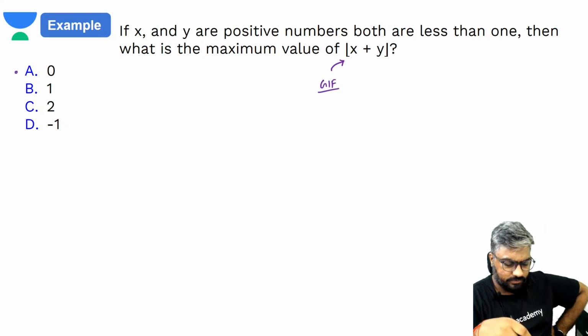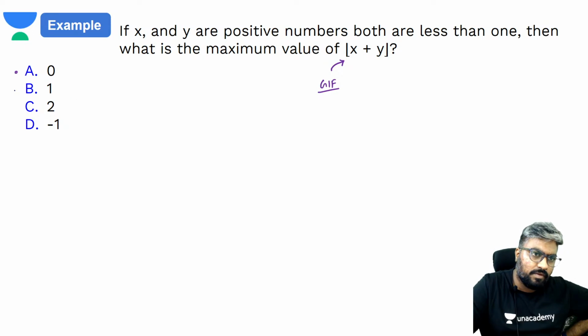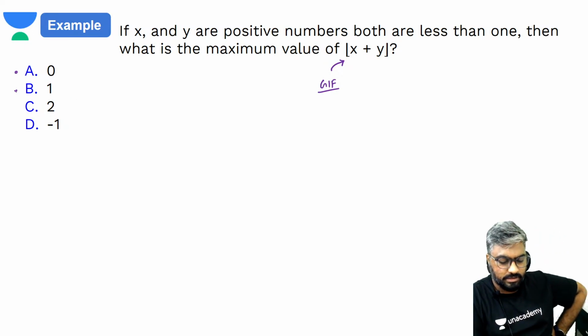Okay, sure. Rishi says B, 1. Okay, others?